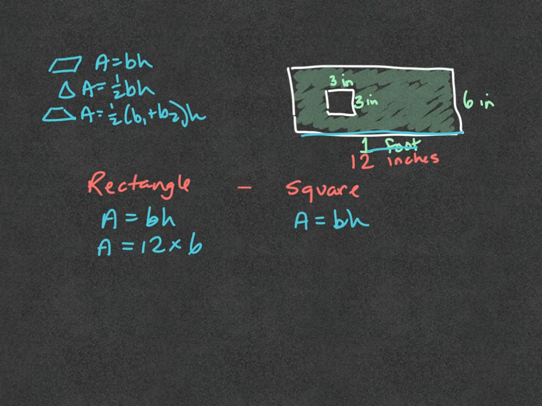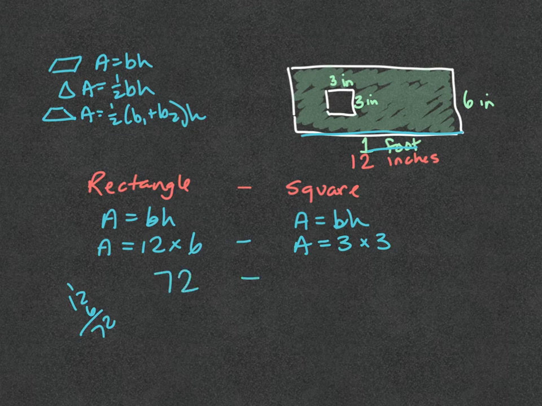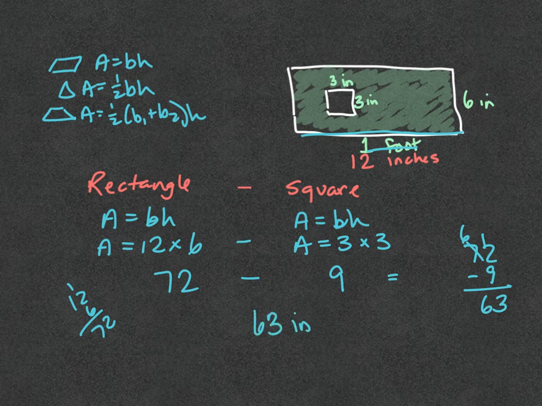But then I will subtract the little square, which is 3 by 3. 12 times 6 is 72, minus 3 times 3, which is 9, and 72 minus 9 is 63 inches to the second power.